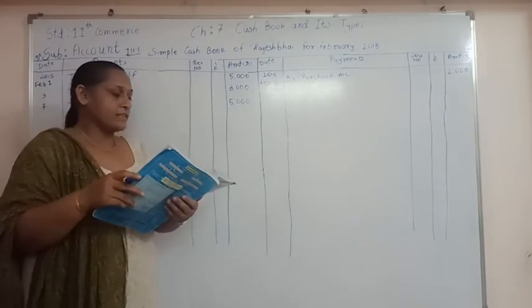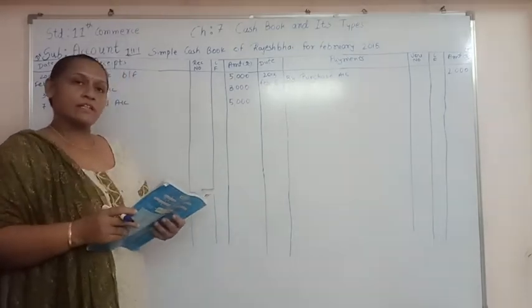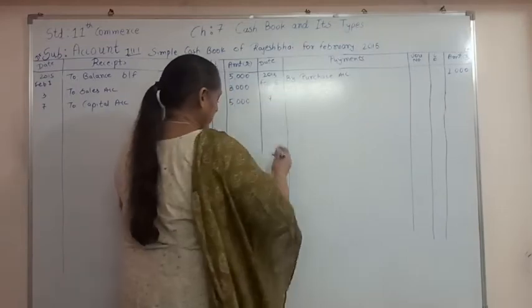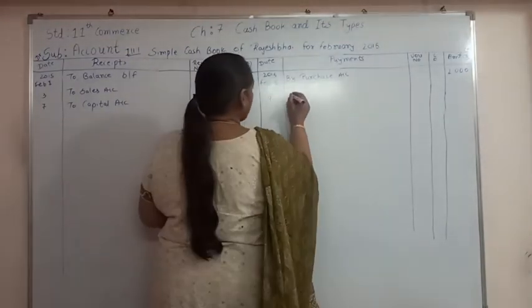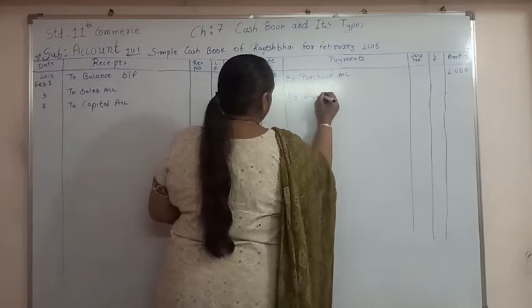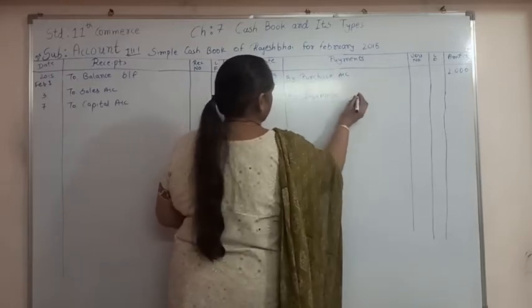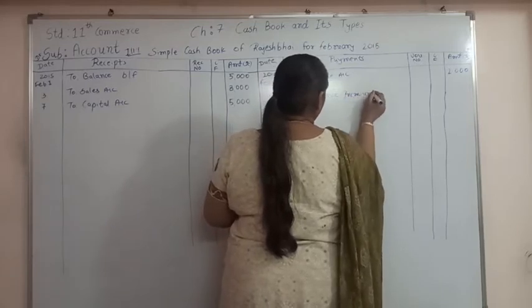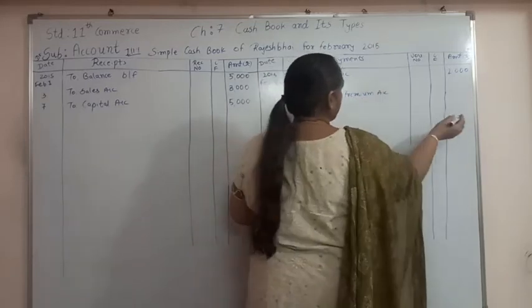On 9th, insurance premium rupees 800 paid. That is our expense, so we write by insurance premium account, and the amount is 800.